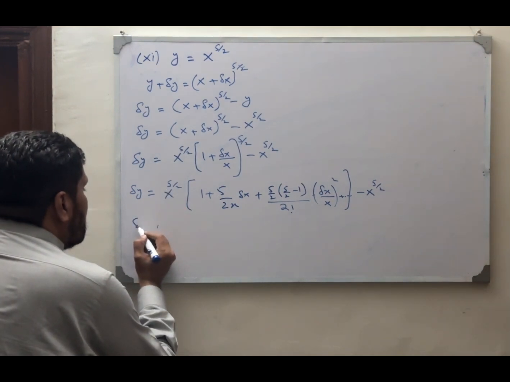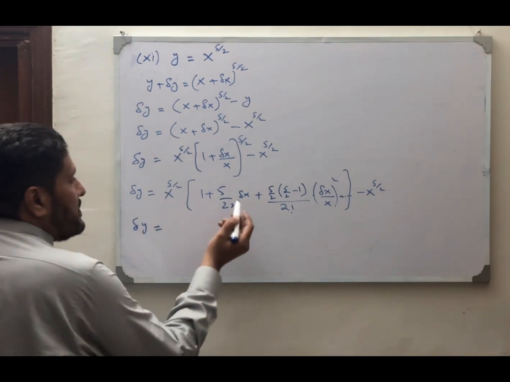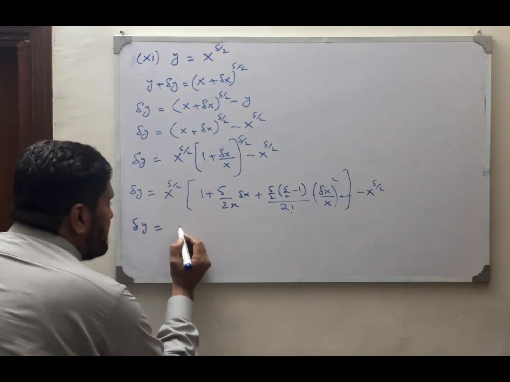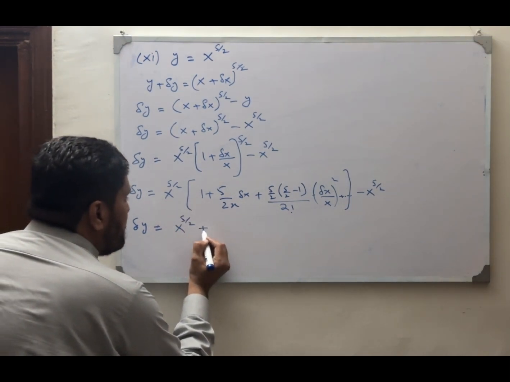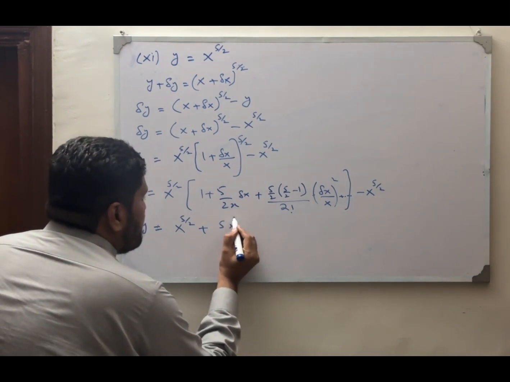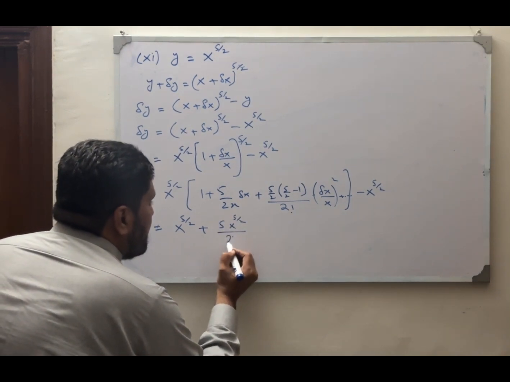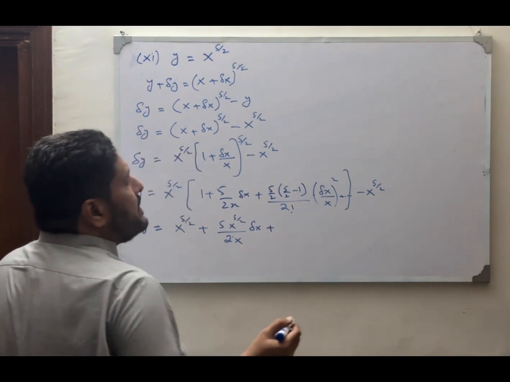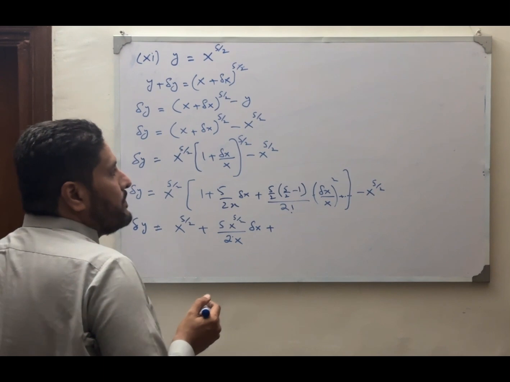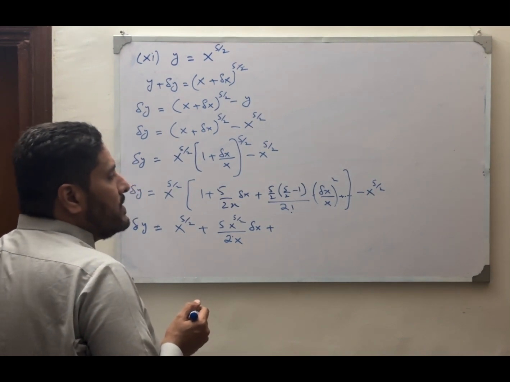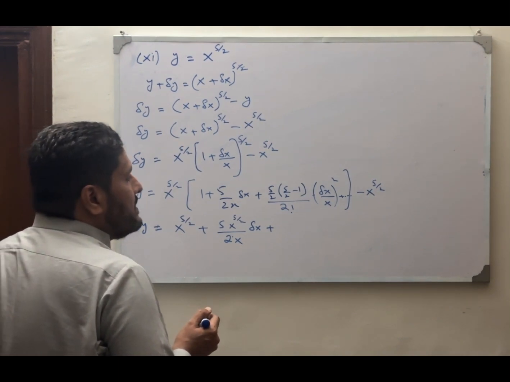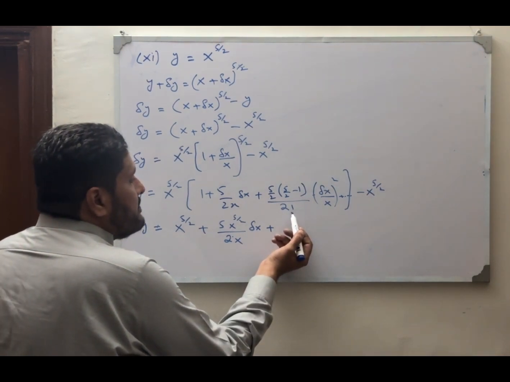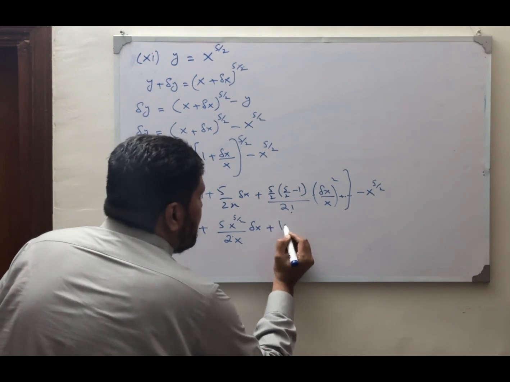Now multiplying x power 5 by 2 with this whole expression, x power 5 by 2 multiplied by 1 is x power 5 by 2 plus 5x power 5 by 2 divided by 2x delta x plus 5 by 2 minus 1 is equal to 3 by 2, and 3 by 2 multiplied by 5 by 2, that will become 15 by 4, and multiplied by 1 by 2, that is equal to 15 by 8.